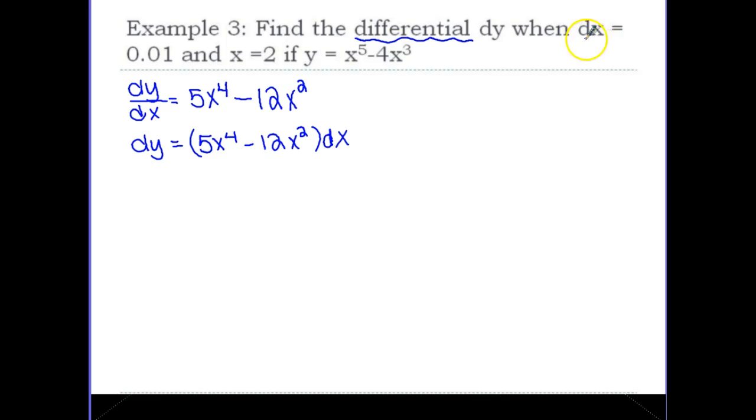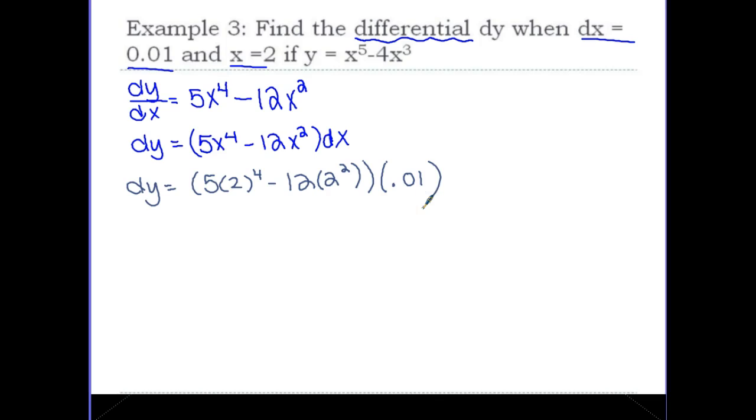And then they tell me dx is 0.01, and x is 2. So what we're going to do is plug in what we know. So dy equals 5 times 2 to the fourth, minus 12 times 2 squared, times dx, which is 0.01. No calculator.